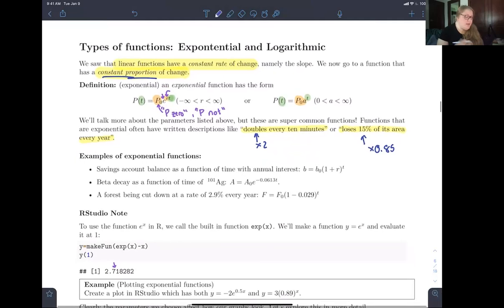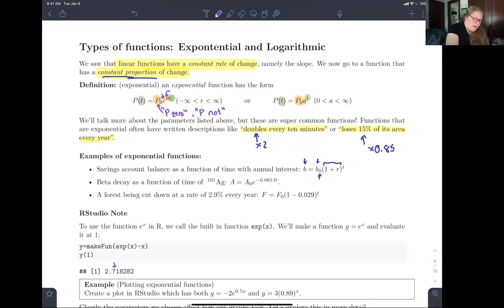So here are some examples of exponential functions. Savings accounts, when they talk about compounding interest annually, you'll have something that looks like this. So notice here that even though we've changed the letters, not a big deal, we still see some kind of function here. And then we have some sort of growth parameter there, 1 plus R. Beta decay as a function of time of some type of silver isotope, right?